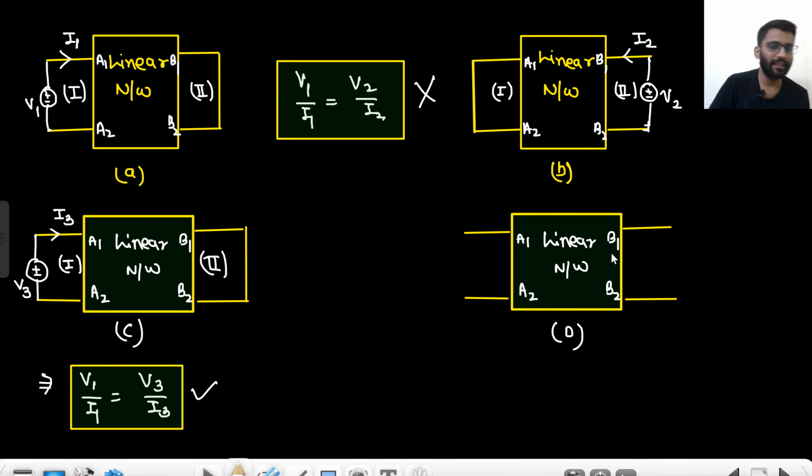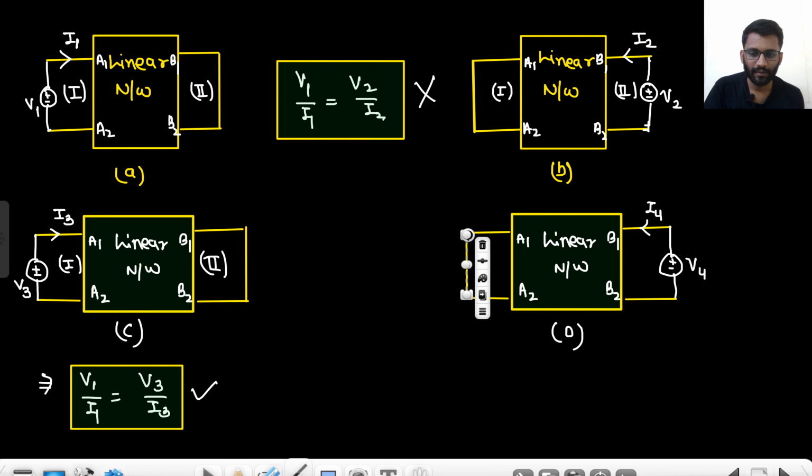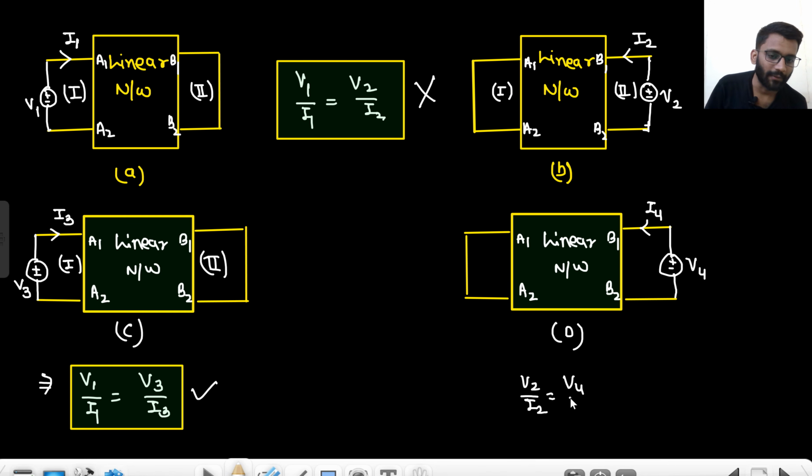Similarly, here I will apply V4 and will get a current out of it, that is I4. This is shorted. So here V2 by I2 is equal to V4 by I4.